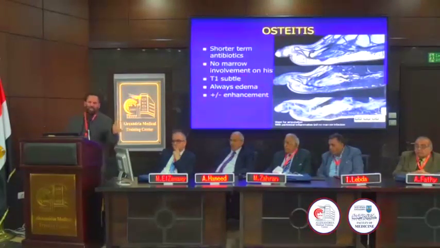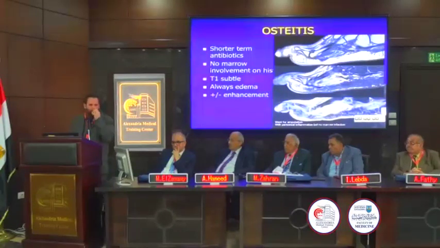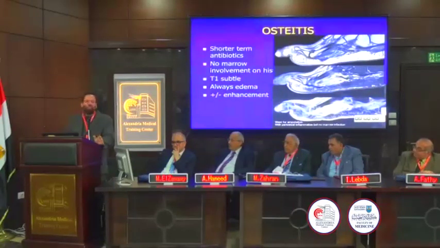So we went from skin to subcutaneous tissue to fascia to muscle to joint, now to cortex. And cortex we call osteitis because it receives shorter-term antibiotics than osteomyelitis. It's an ulcer that goes down to cortex with little medullary involvement.